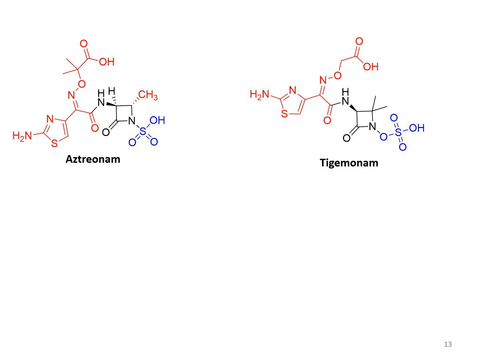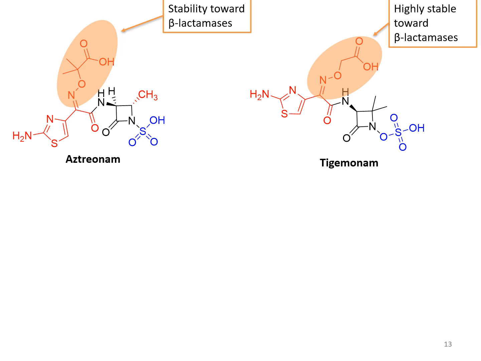Aztreonam's and tigemonam's side chains resemble those seen in third-generation cephalosporins, which leads to increasing stability against beta-lactamases and affinity to many penicillin-binding protein isoforms, such as penicillin-binding protein 3 expressed by many gram-positive and gram-negative bacteria. The methyl on carbon 2 also contributes to enhancing the stability against beta-lactamases.